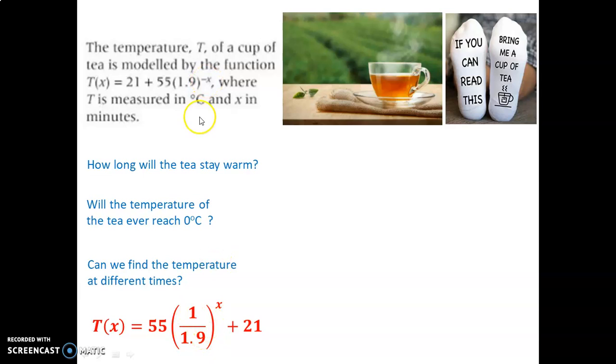The reason I did that is every time you have a negative exponent, here we have negative 1x, I applied the negative 1 to this, and the rule of exponents says when you have something to the power negative 1 or negative 2, then you can take that thing, write it as its reciprocal, and make the power positive. So that's all I did. I dropped the 1.9 down, the negative is now gone, and that's equivalent. You'll see a little bit later in this lesson why this number is important.